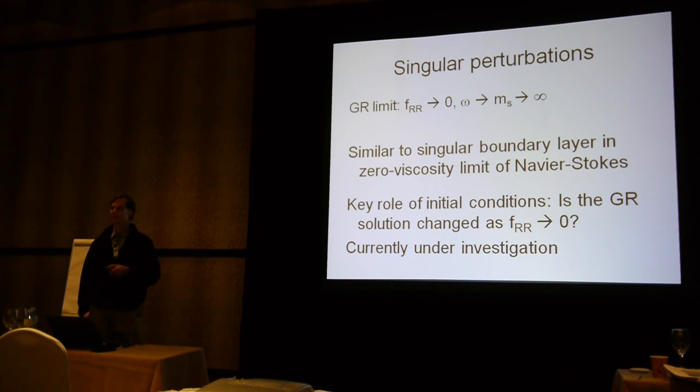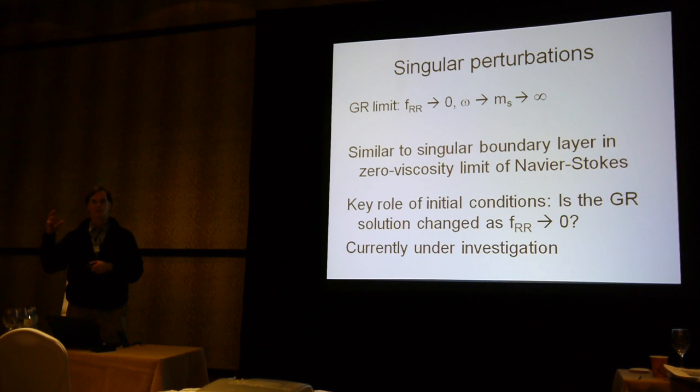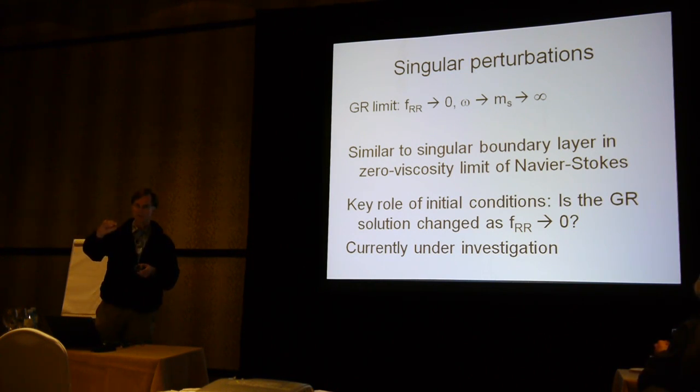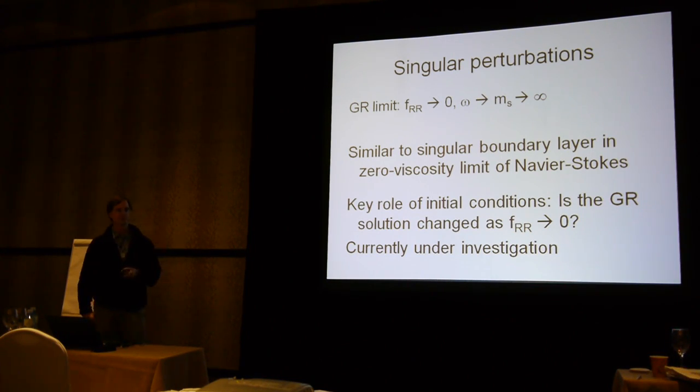The thickness of that boundary layer depends on the inverse of the viscosity. And so as one takes the inviscid limit, the Euler equation limit of the Navier-Stokes equations, one gets a solution where the velocity field in the interior of a pipe, let's say water flowing in a pipe, is uniform. But then there's this tiny little skin close to the edge of the pipe where it changes almost discontinuously, changing very dramatically the character of the solution.